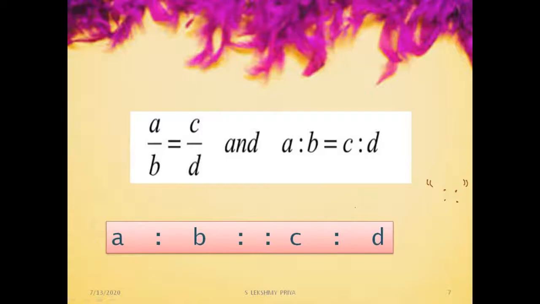So instead of equal to, we are going to use this symbol, and this symbol stands for 'is as', and we can read it like A is to B is as C is to D.